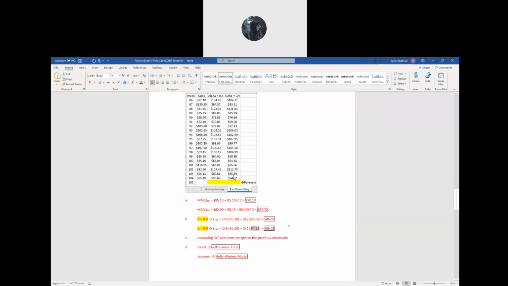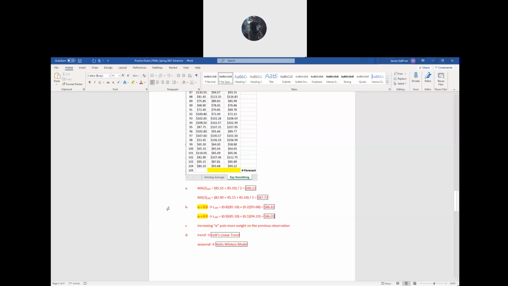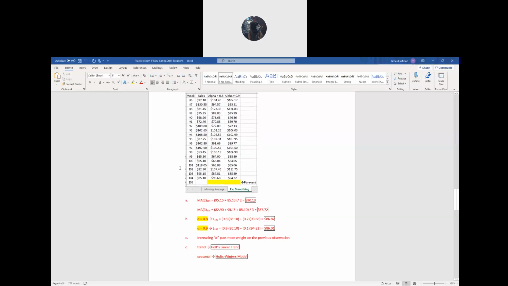Alpha equals 0.9, 104 is $94.22. And if you take this times this plus this times this, then you get exactly $86.01. So again, same equation, alpha times the last observation, 85.10, plus 1 minus alpha times the last forecast, which in this case is 94.22.